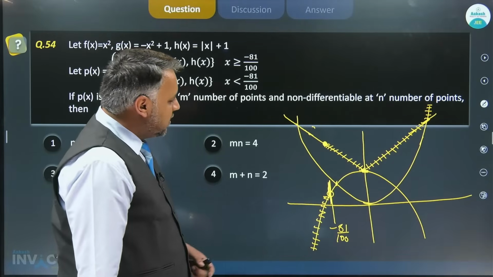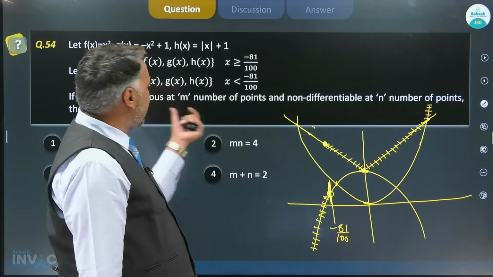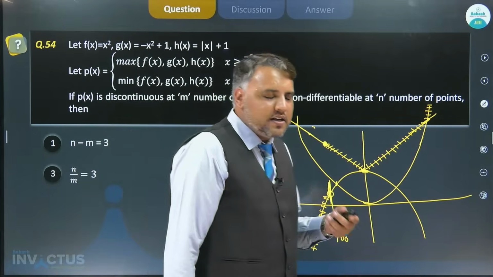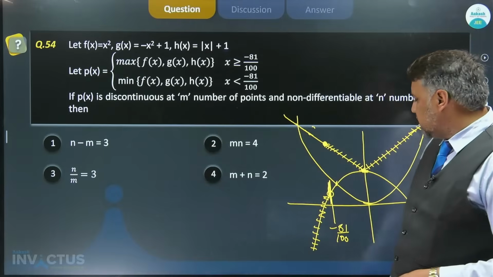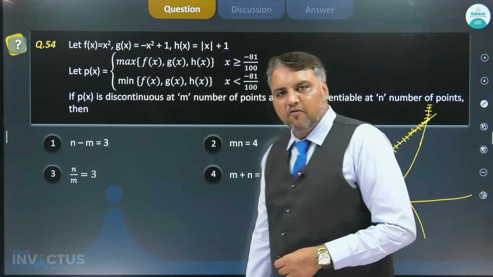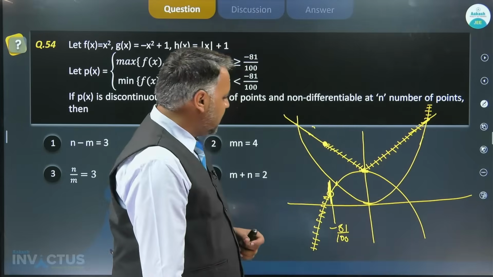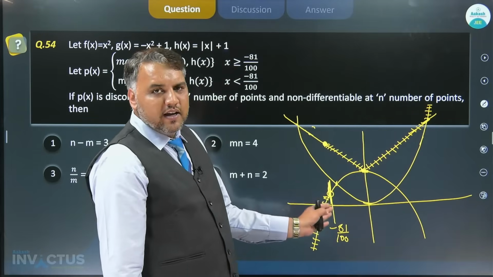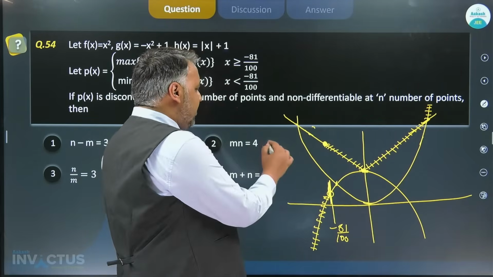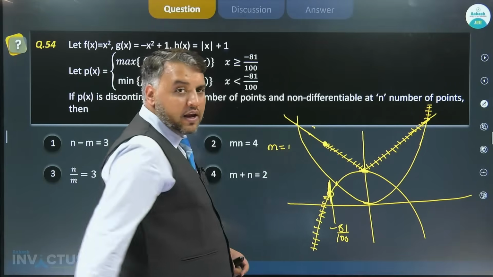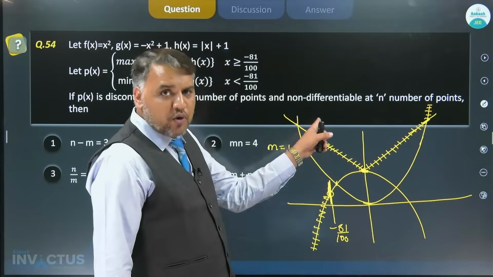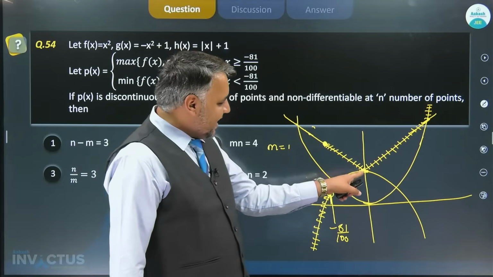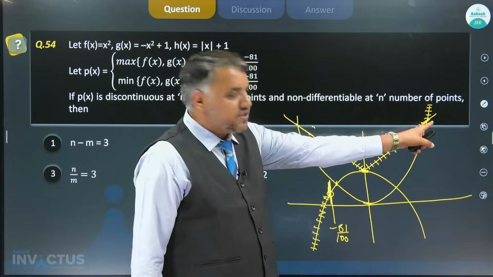So if we observe, we have to find the number of points of discontinuity, and the number of points of non-differentiability. So there is only one point where this function p(x) is discontinuous, that is minus 81 by 100. So we say that m will be equal to 1. Now the number of points of non-differentiability. So this point is a point of non-differentiability also. Then again there is a sharp edge here and one sharp edge here.